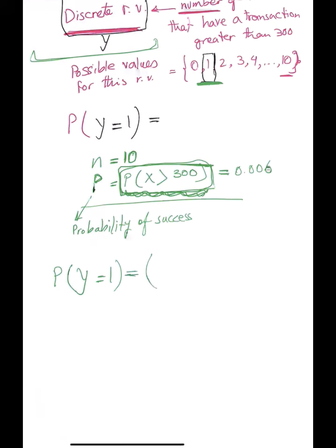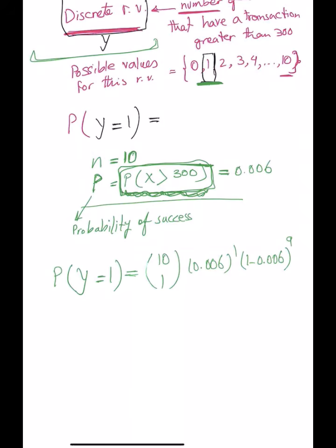Then I just write the formula of binomial. P, to the power of 1, times 1 minus P to the power of 9, which is 10 minus 1.